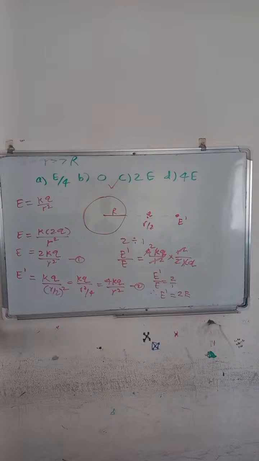B, net charge enclosed and permittivity of the medium and size of the Gaussian surface. C, net charge enclosed only. Last option, D, permittivity of the medium only.